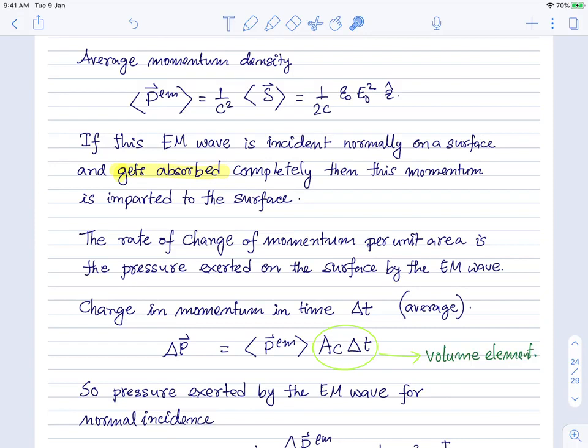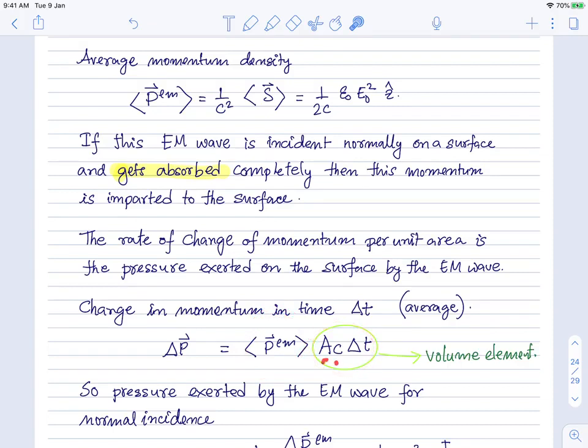Over a large time delta t, the total momentum change, which is the momentum that will be imparted on the surface on which the wave is incident normally and getting absorbed, will be given by the momentum density times the volume element.